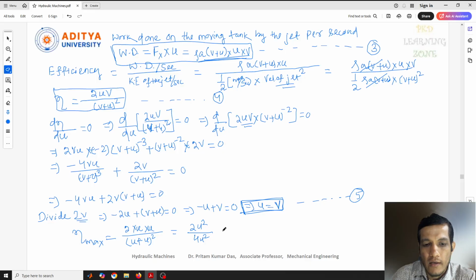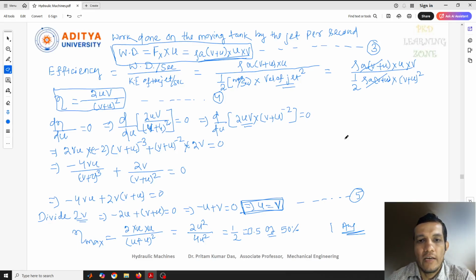Finally it is 1 by 2, or 0.5, so the maximum efficiency we can achieve is 50%. This is our answer.